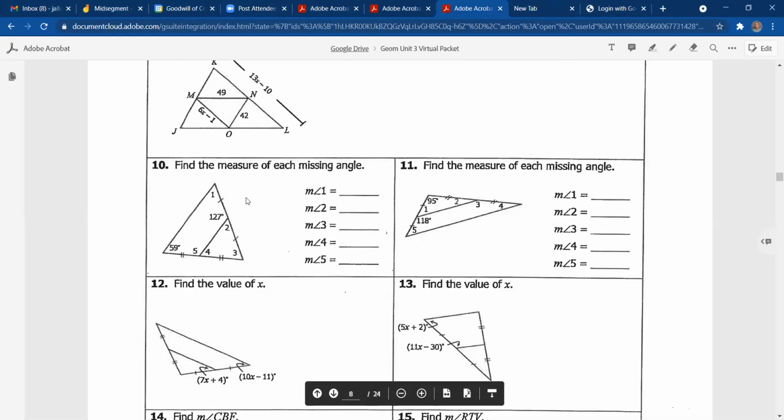What kind of relationships do parallel lines give us? Well, think about parallel lines and transversals. What are the relationships between the angles in that, when we did that lesson?